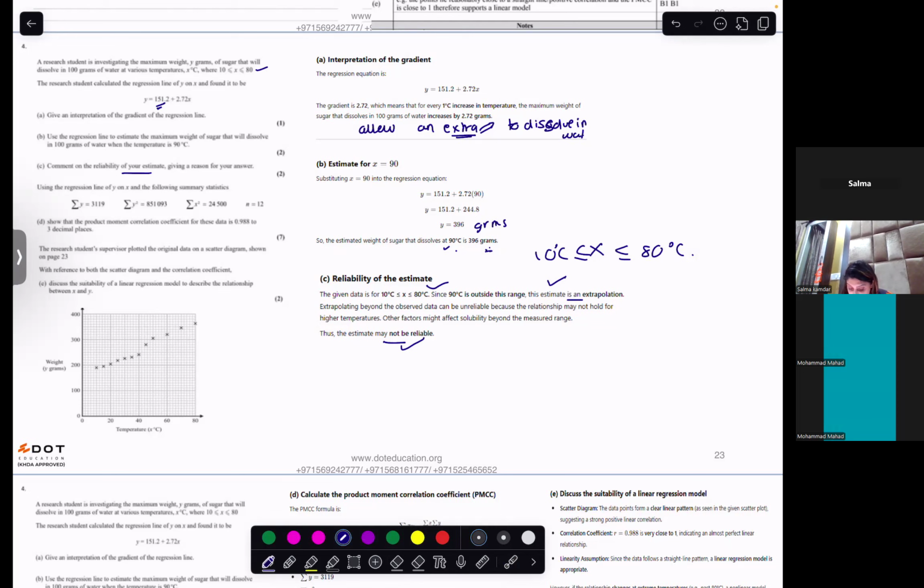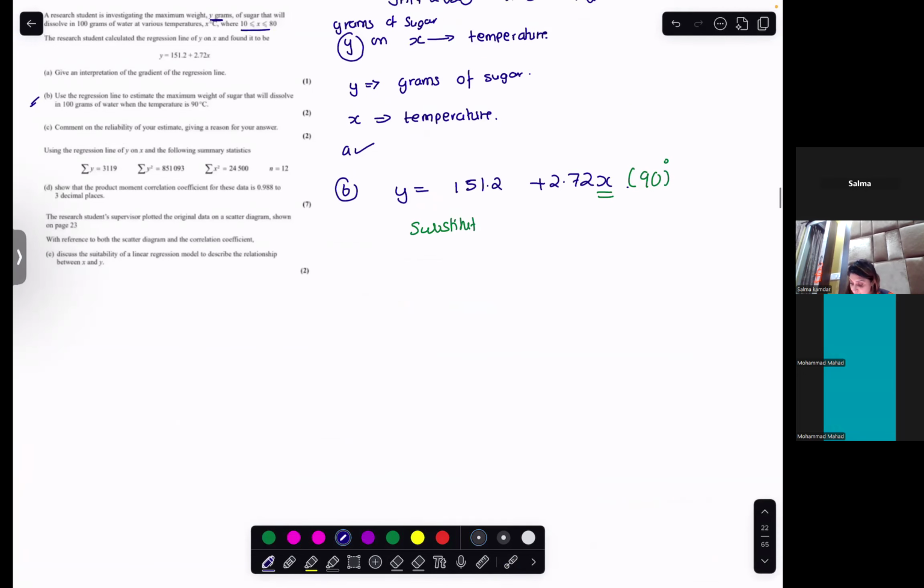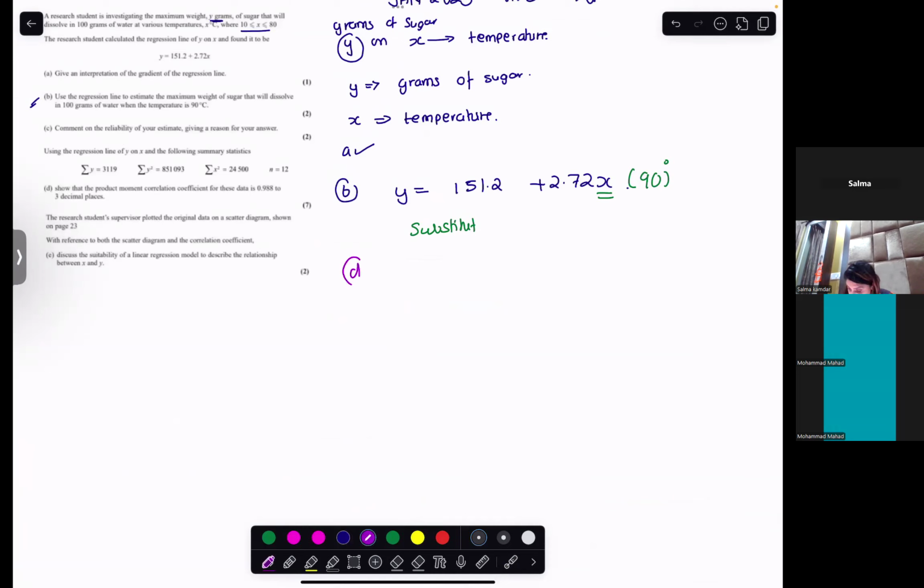You've done up till the C, right? Did you do the D part? No. Okay, fine. Let's go ahead for the D part. Read. Using the regression line of y on x and the following summary statistics, show that the product moment correlation coefficient for these data is 0.988 to 3 decimal places.